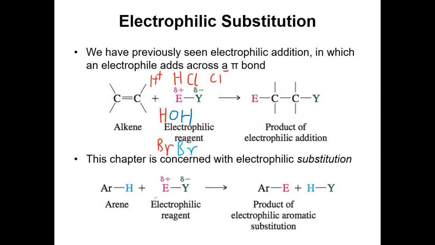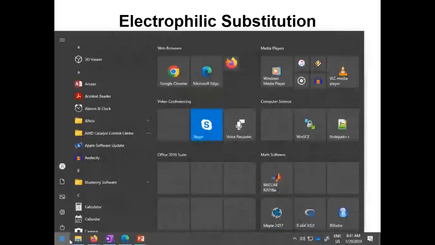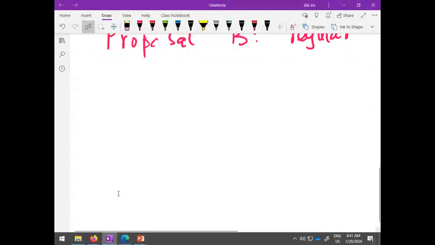In the reaction, you're going to see two fragments: the electrophilic part and the nucleophilic part will add to the carbon-carbon double bond. This is standard, called an electrophilic addition reaction. Let's look at real world examples to refresh what you learned in organic one.